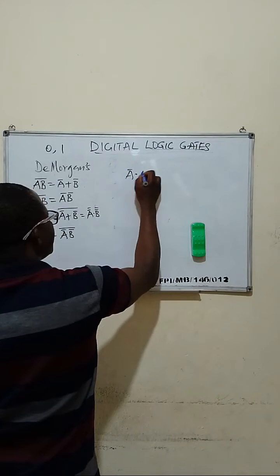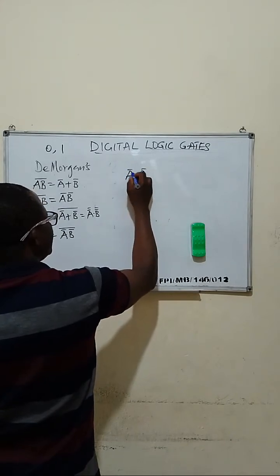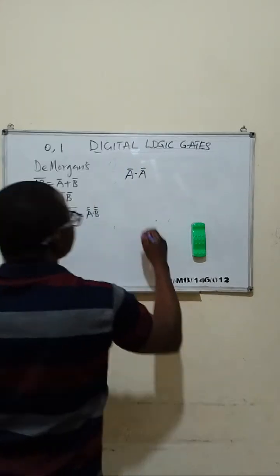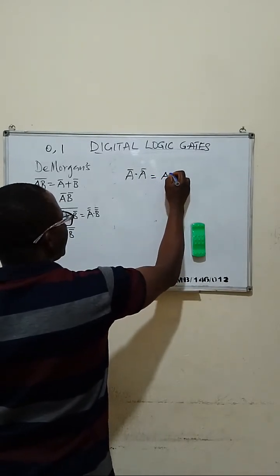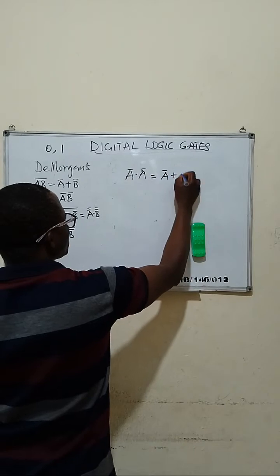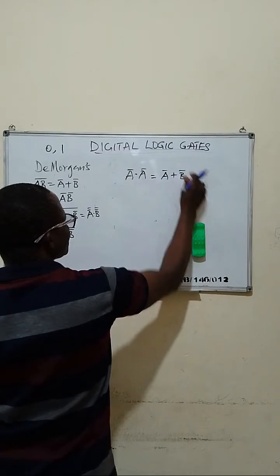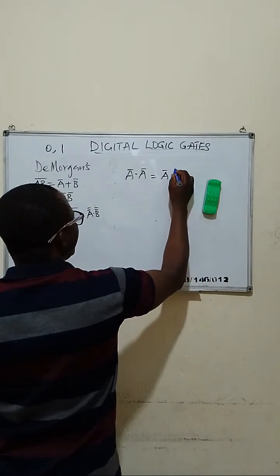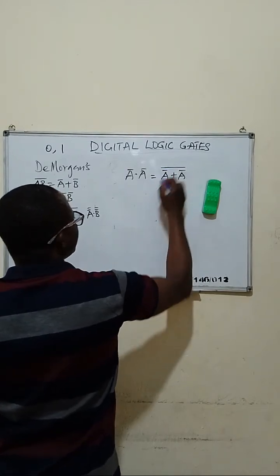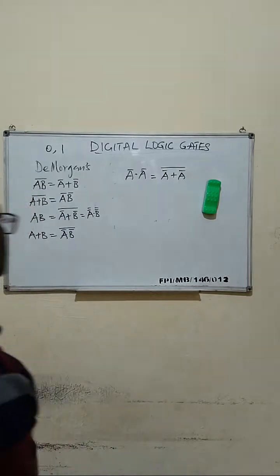A bar dot A bar. What will be the outcome? Well, if you use De Morgan's theorem, what you have is this. It will be A bar plus A bar, then a long bar will be introduced onto them.